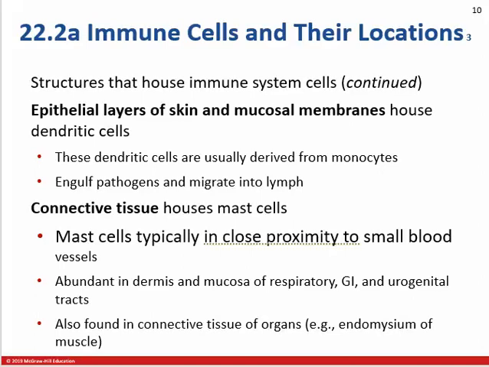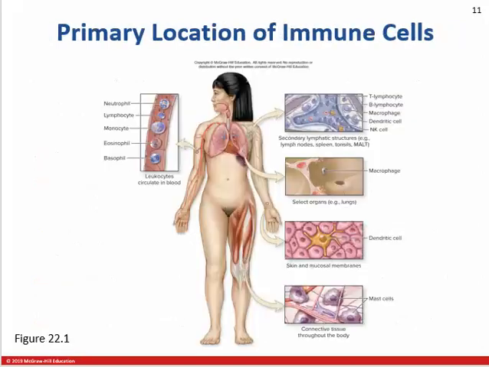There are things called mast cells that are found in most connective tissues, and they're involved with inflammation. We'll get to that later. So the immune cells are found all over the place.